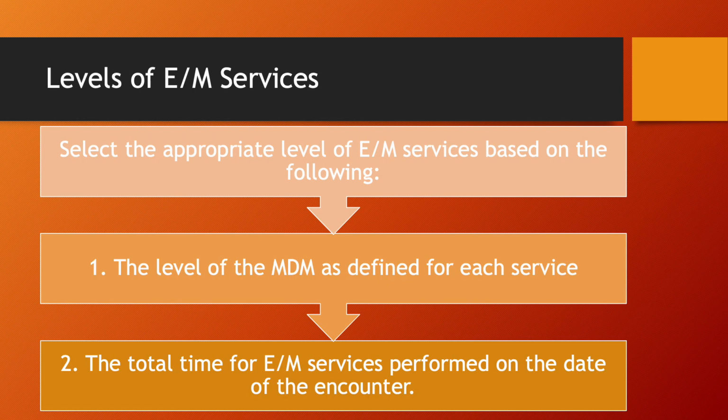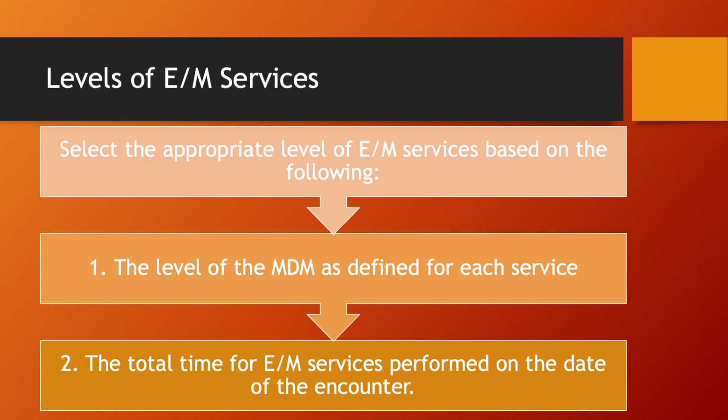So let's move on to talking a little bit about the E&M codes. So what's important to know when we think about E&M services, right? That is, think about the evaluation and management of your patient. You're going to look at coding and documenting appropriately based off of two things.